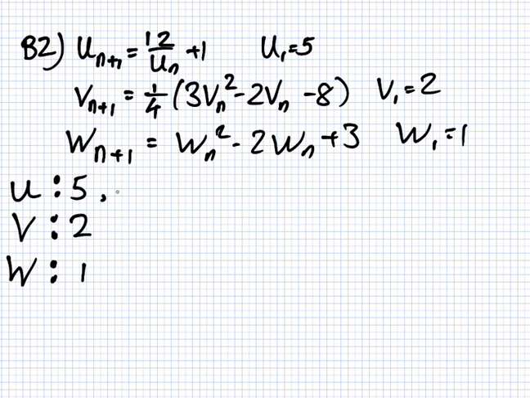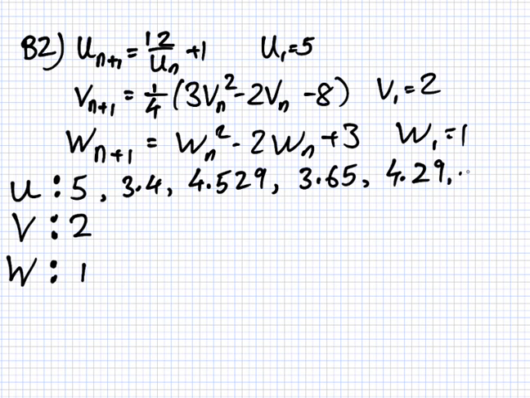So for the first sequence, you put in 5, and you'll get 17 over 5 next, or as a decimal, 3.4. Then you put 3.4 in, and you get 4.529. Then you put that in, and you get 3.65 roughly, and then 4.29, and it goes on.